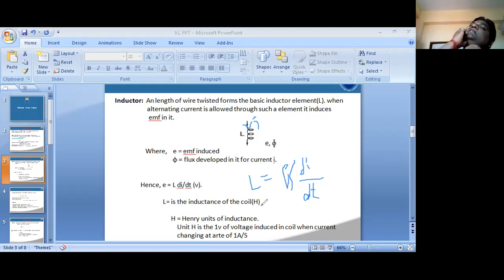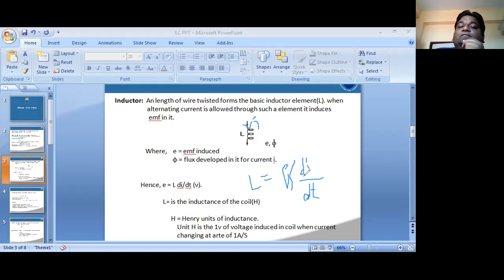Inductance is the property of the inductor, and the inductor is the element which stores magnetic flux. Now let us define what is 1 Henry, or unit Henry.